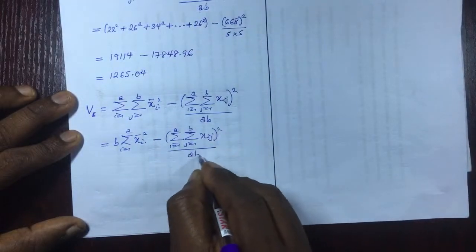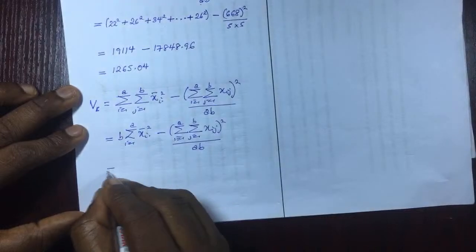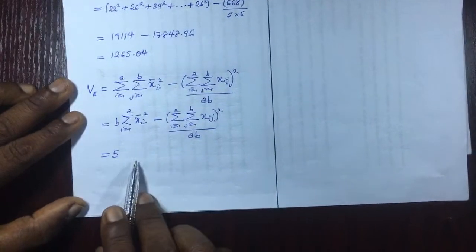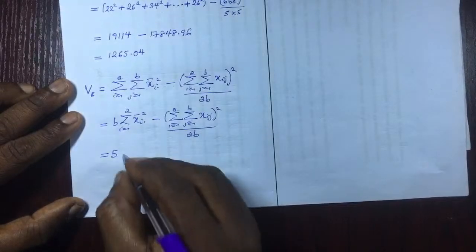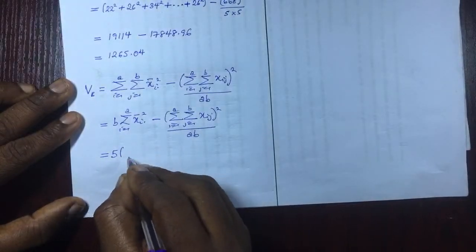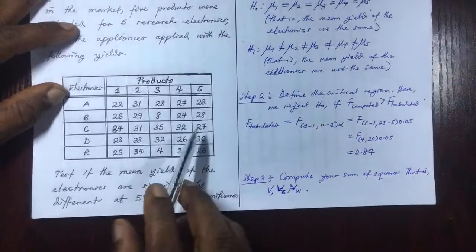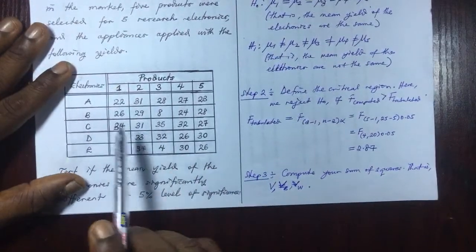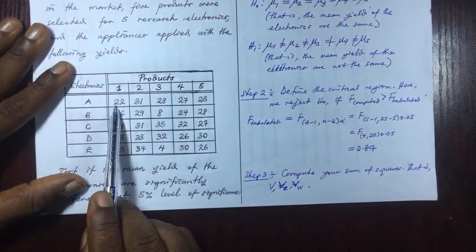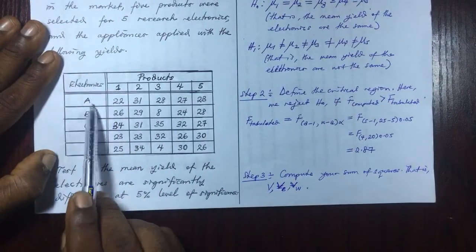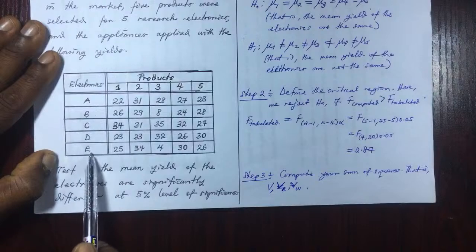Now, all over AB. To put in exact values, this is more or less saying 5, the number of levels, in brackets, times the square of the means. Now, please take note. Let me go back here. The means in this case is the mean of each treatment. Remember, the electronics are seen as treatments. So we have treatment 1, treatment 2, treatment 3, treatment 4, treatment 5.